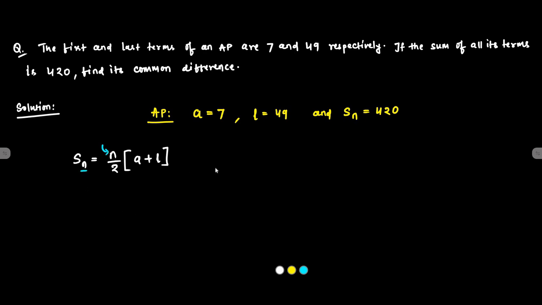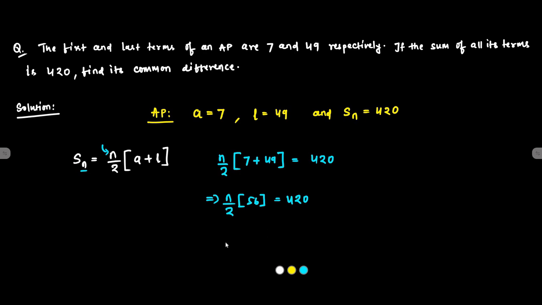So n by 2 into a, which is 7, plus l, which is 49, is equal to 420. That implies n by 2 into 56 is equal to 420.